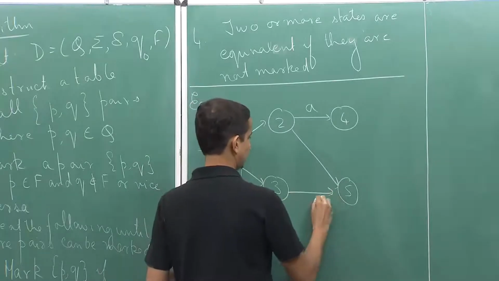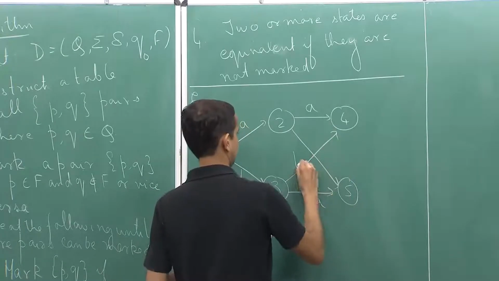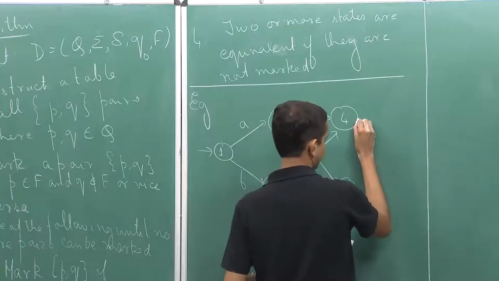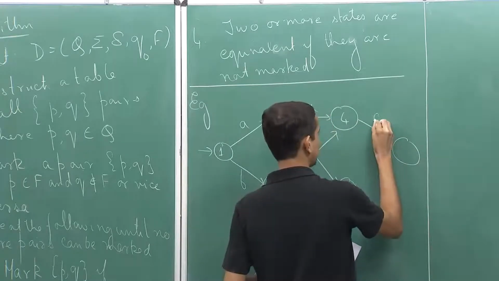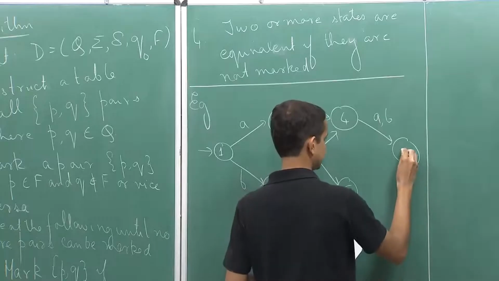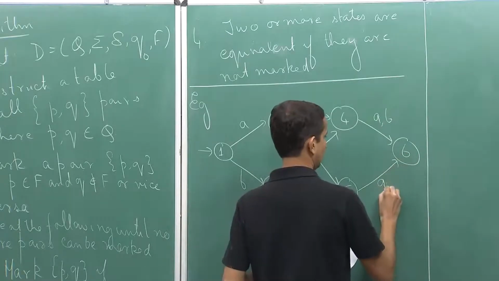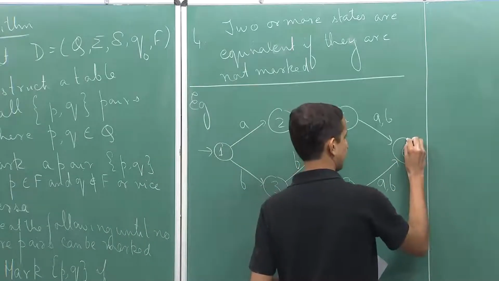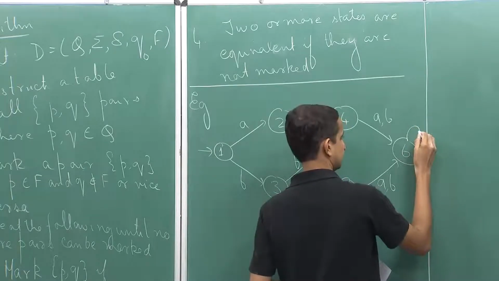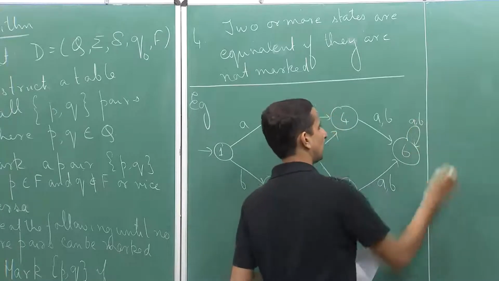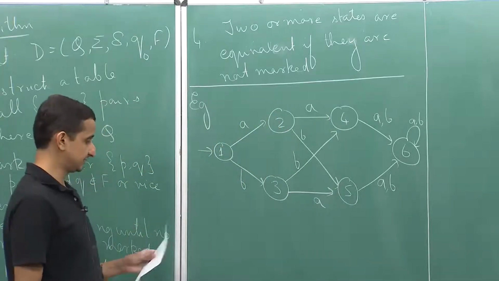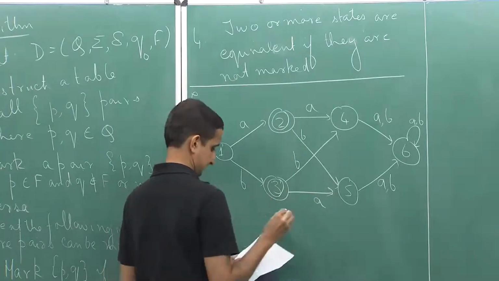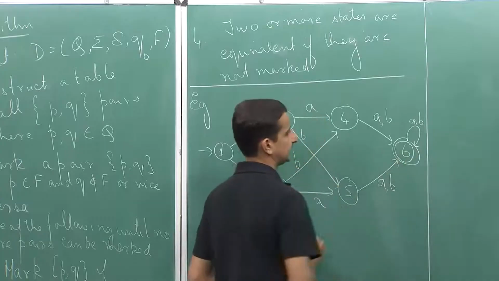From 3 on a we go to 5, and on b we go to 4. From 4 both on a and b we go to 6, and again from 5 both on a and b we go to 6. At 6 we just stay on itself on a and b. The accept states are 2, 3 and 6.